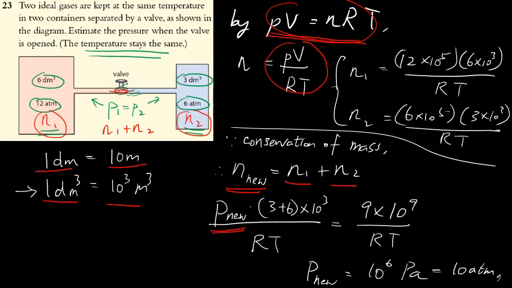And of course the new volume takes all the space, which is 3 plus 6 dm cube. After you write this algebra equation, you will find your answer.